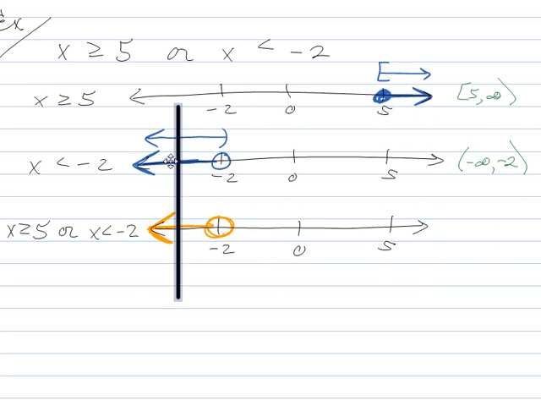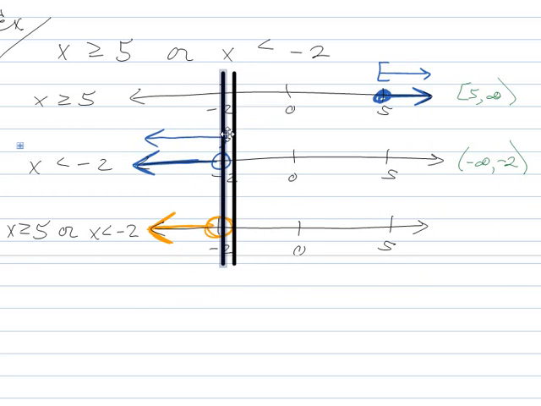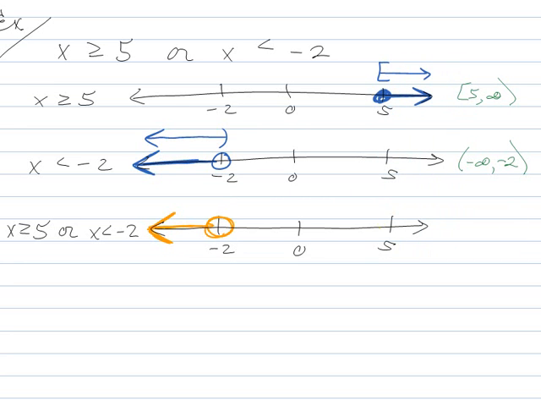Then as I'm going along here, neither of them has anything. And then I get over here. Now when I get to the 5, the top one's filled in, and it goes out to the right forever. So down here, the 5 is going to be filled in, and it's going to go to the right forever. Like that. Okay?